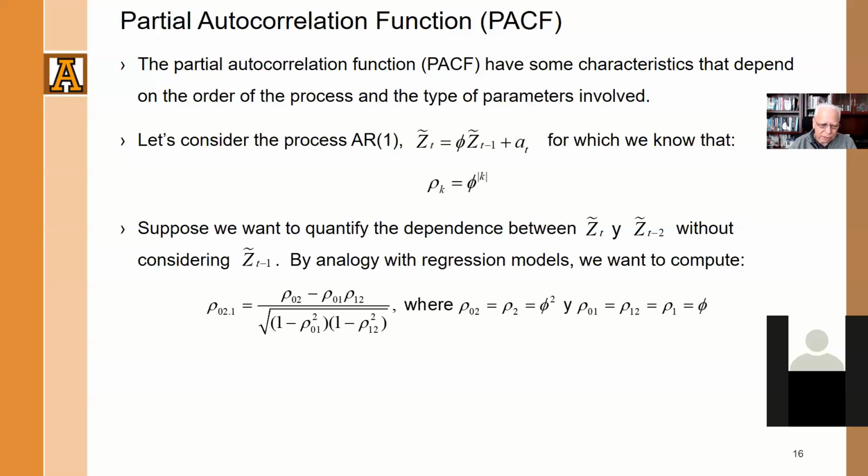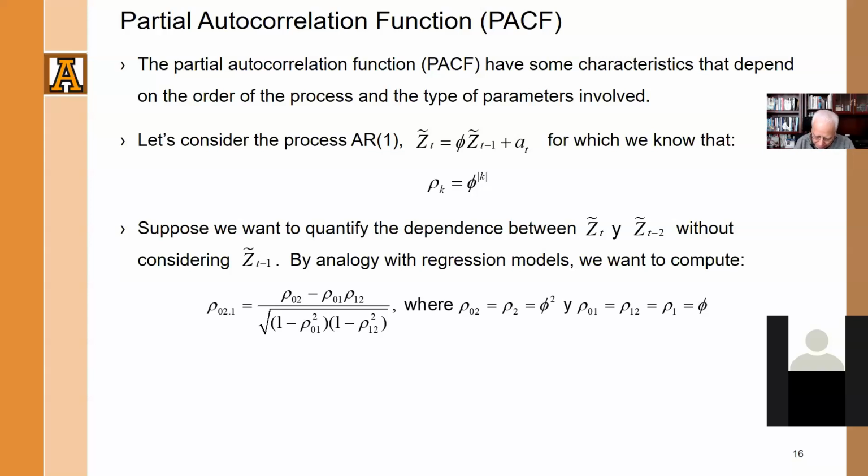We'll denote this partial autocorrelation as rho_{02.1}, read as the autocorrelation between Z_t and Z_{t-2}, given that I already have Z_{t-1} in the model. If that autocorrelation is strong, then definitely we would need Z_{t-2} in the model. And that's the partial autocorrelation.